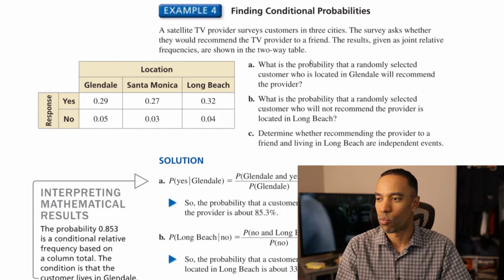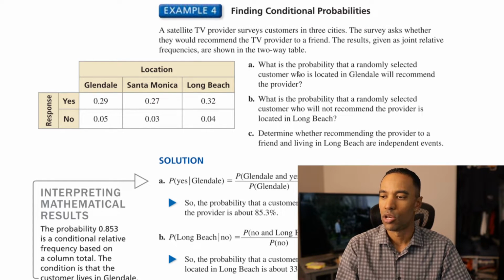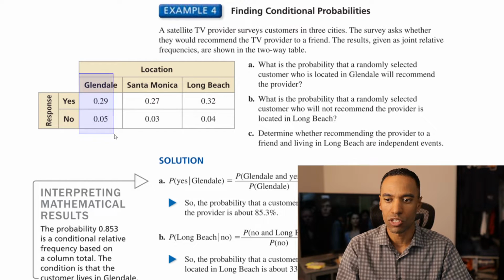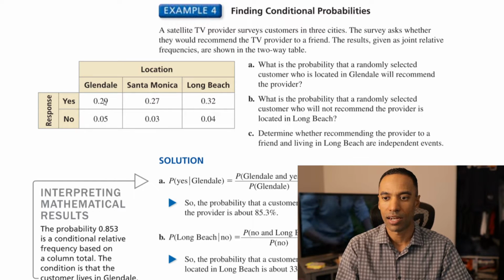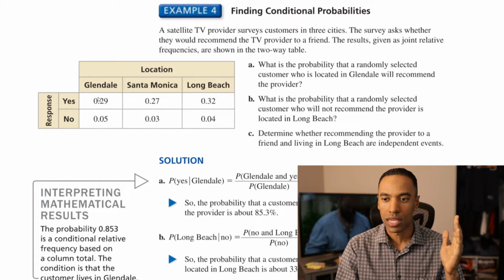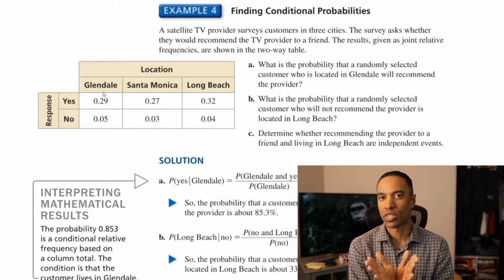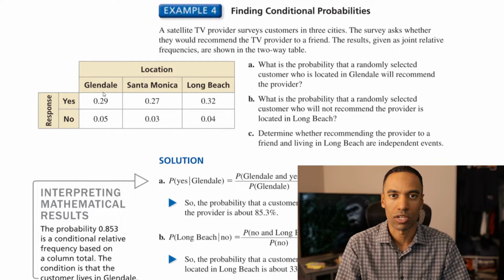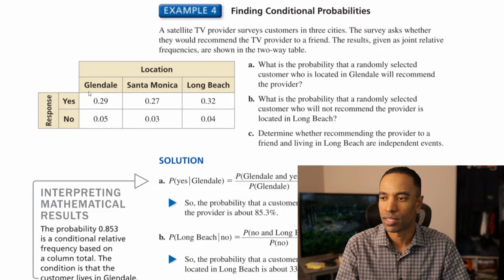What's the probability that a randomly selected customer who is located in Glendale will recommend the provider? Notice they said who is located in Glendale. That means we are looking specifically only at the Glendale crowd. So in the Glendale crowd, we're only looking at this total here, the 29% and the 5%. We're only looking within that 34%. And within that 34%, there is a chunk of 29% of the whole that did respond yes.